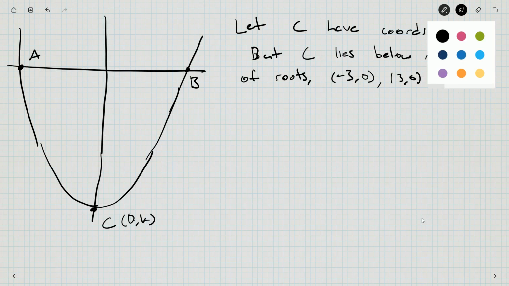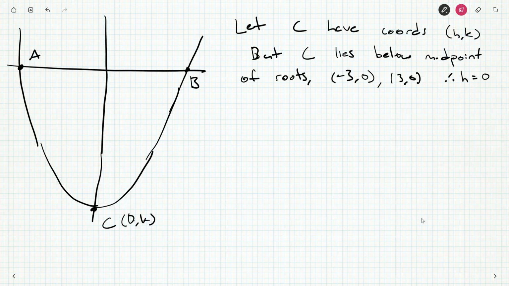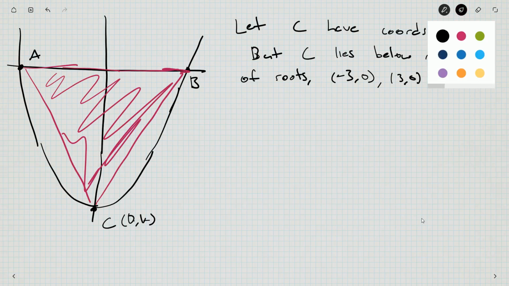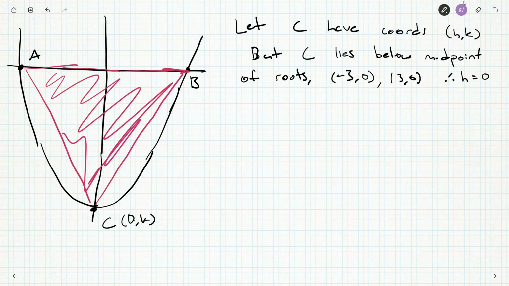Okay, so let's draw in our triangle. And we have to make this comment, otherwise people will be saying, well, how did you know C lies exactly on the y-axis? Yeah, it looks like that on the picture, but the diagrams are not drawn to scale.